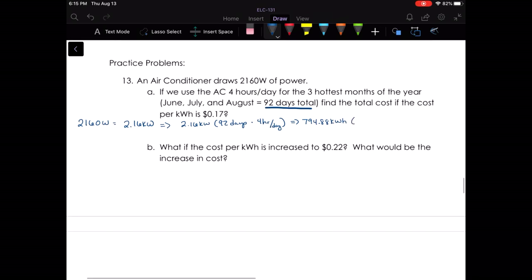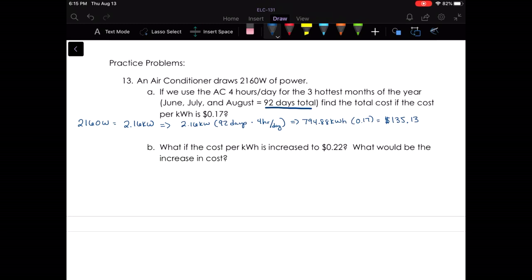And then we're going to multiply that by 0.17. So it's going to cost us about $135 for the summer. That may be a lot, but you know, it's either that or be really hot. So you can make your decision based on that.